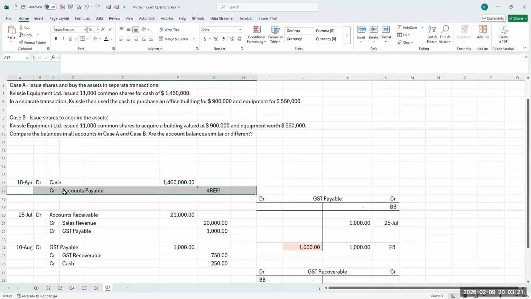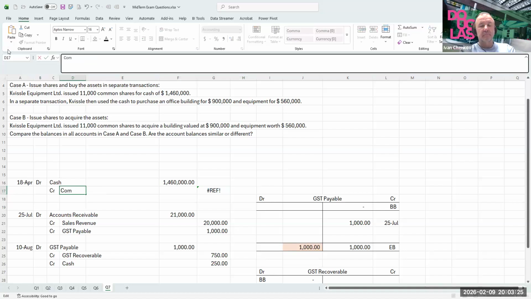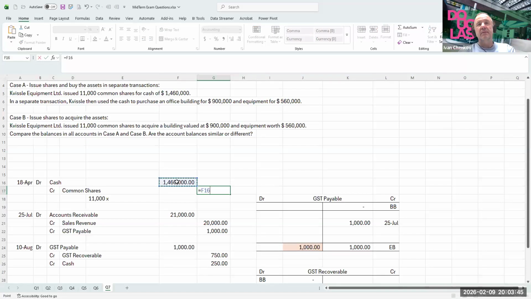Common shares. So we have to create common shares, issuing 11,000 common shares. That will be 11,123. And we can get the average price per share, for the same amount, obviously.